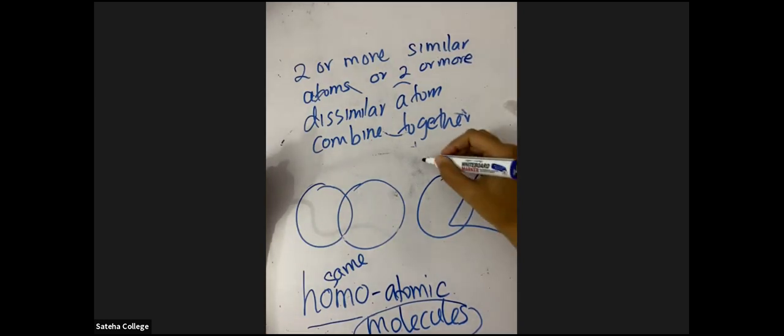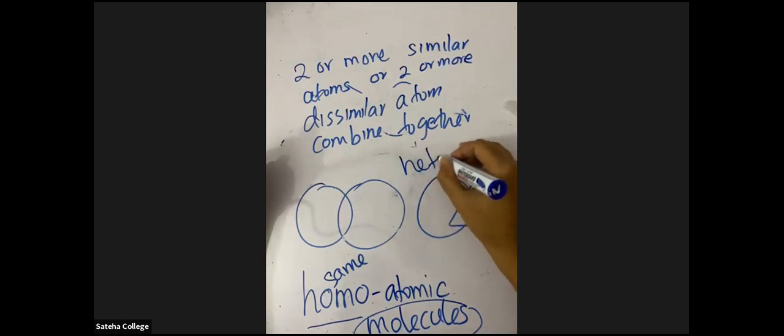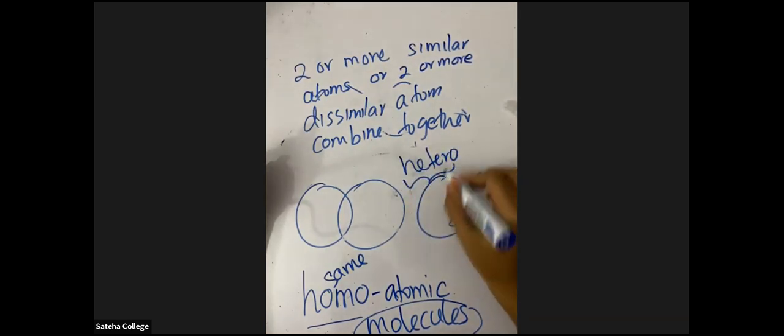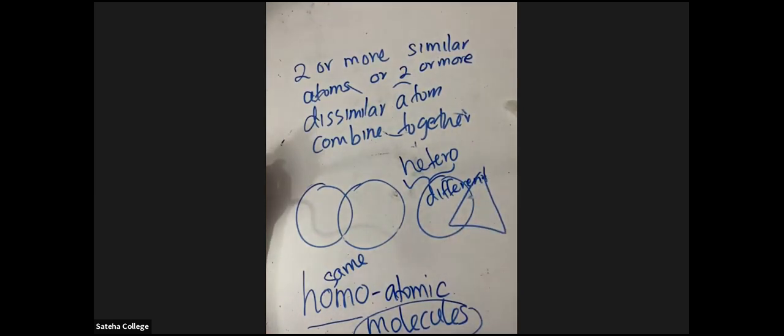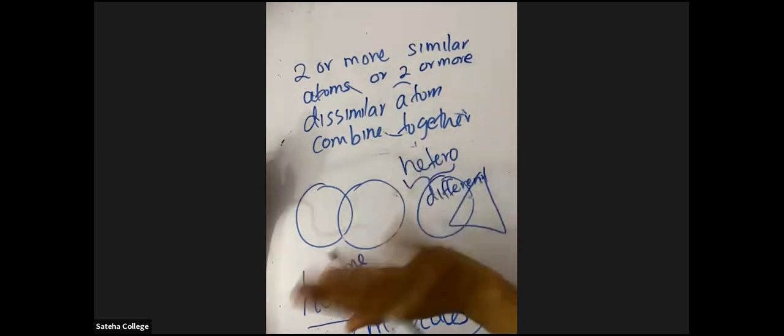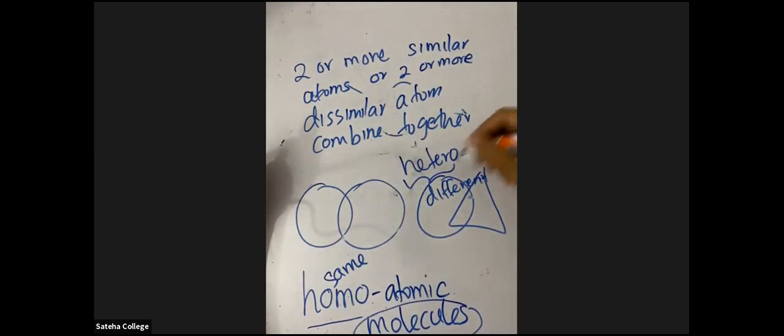Good. Now, next word, hetero. Hetero stands for different. So now you're going to tell me the definition. I'm not going to explain it to you. What is a heteroatomic molecule?